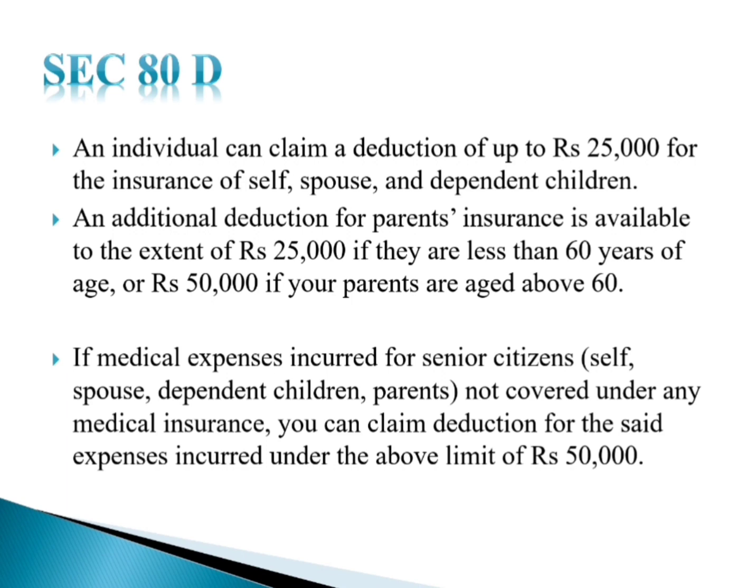And here we have to have a record of it via online transaction, not via cash. If we are below 60 and our parents are above 60, we get an exemption up to 75,000, and if the individual and the parents are both above 60, they have an exemption of around 1 lakh in section 80D.